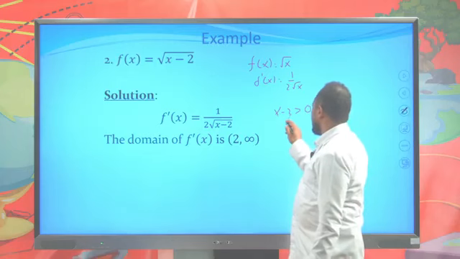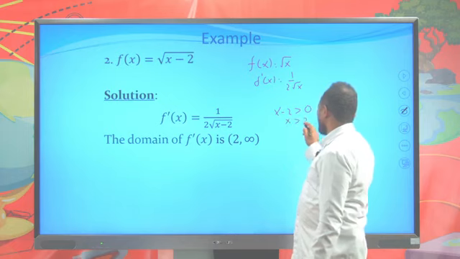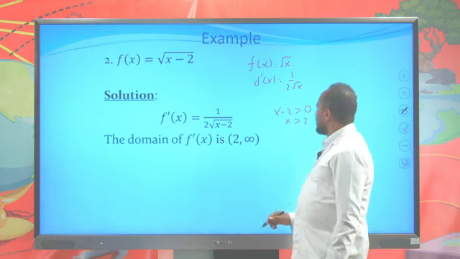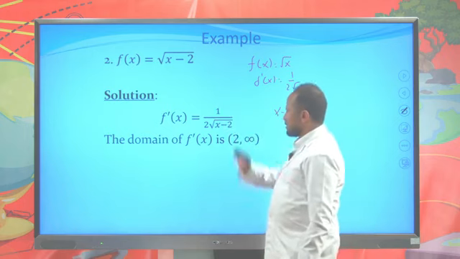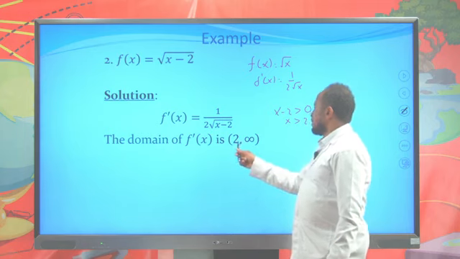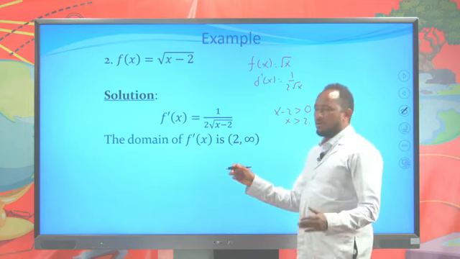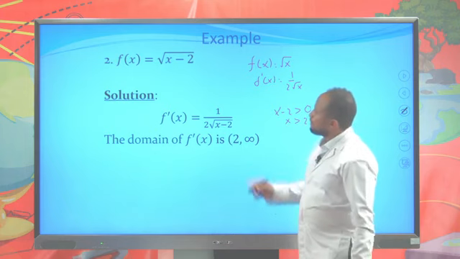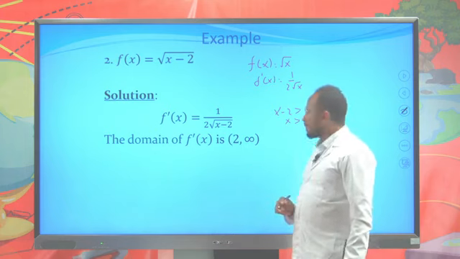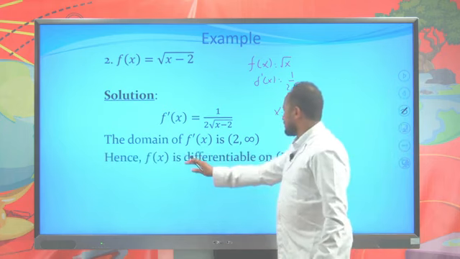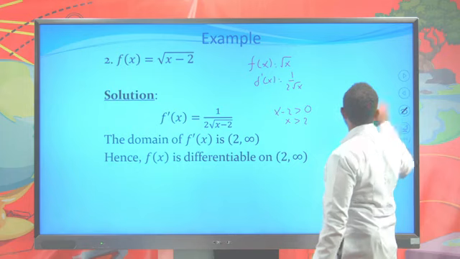So x is greater than 2. It can't be 0 because this number is in the denominator. Therefore, this function is differentiable from 2 up to infinity, or on x greater than 2. This is the interval of differentiability of this function. Hence f(x) is differentiable on 2 up to infinity.